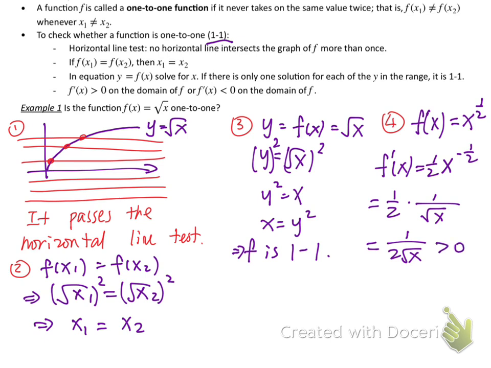This is positive on its domain, which is from 0 to infinity. 0 is not included because the derivative is not defined, but that's an isolated point. We can ignore that. So actually f is increasing and one-to-one.